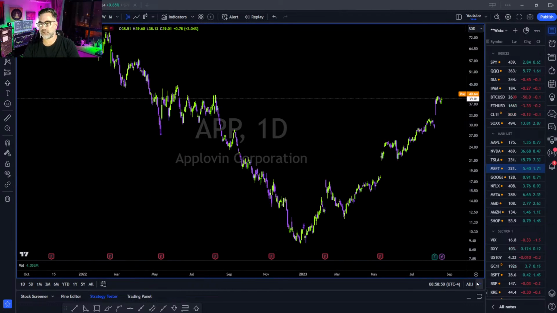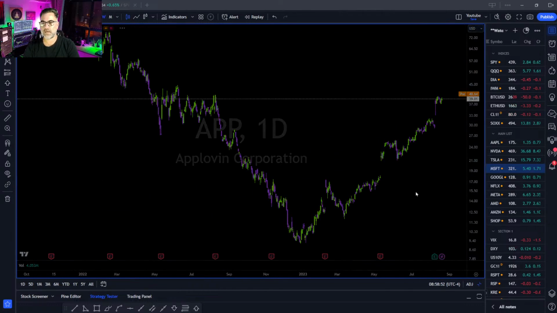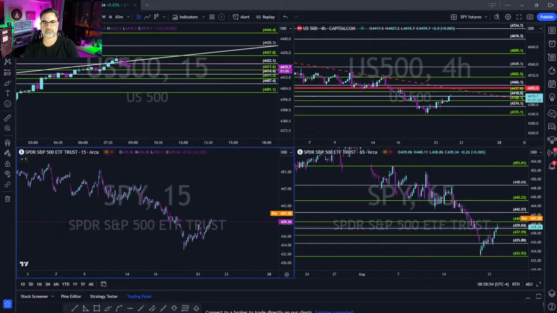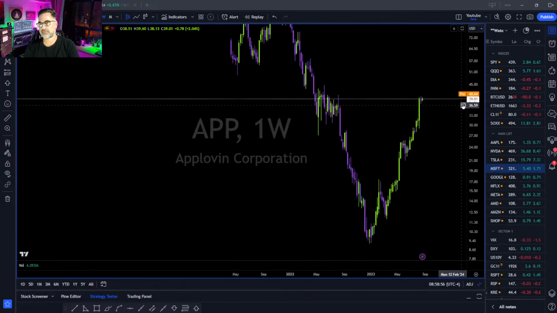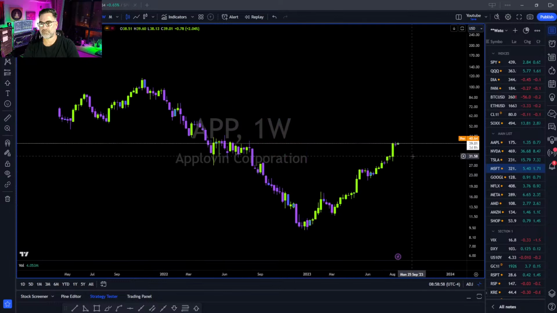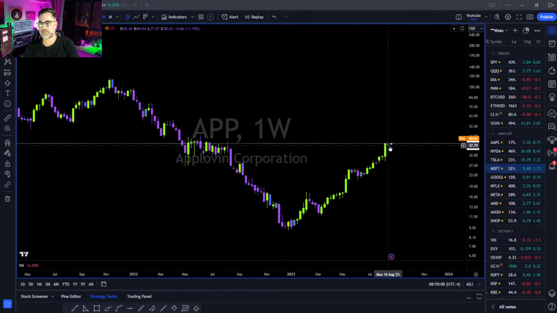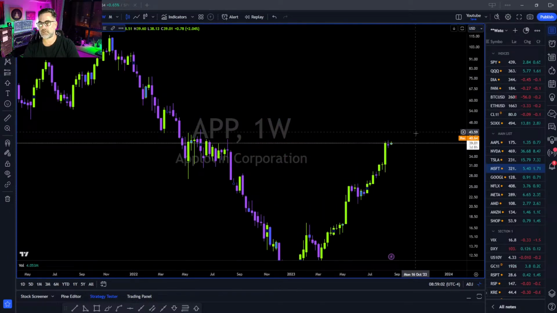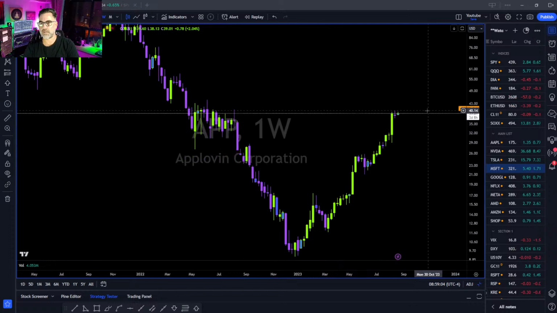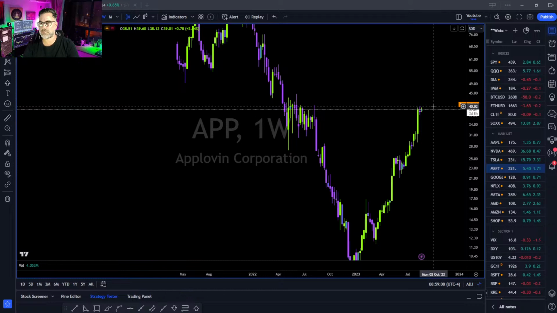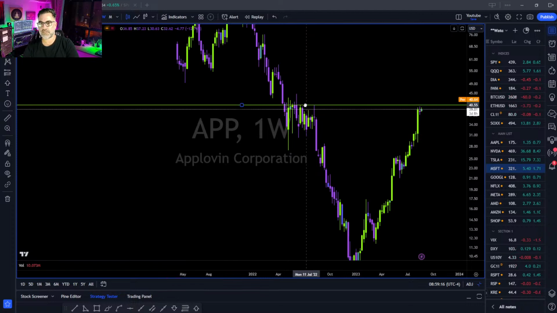APP, let's go to the weekly. Let's see what the weekly says. Two consecutive dojis. This doji just started. If you're not long yet, I would wait for a day or two closing above the 40. Look left. All this area, very tough resistance. The 40, 41, very tough resistance.